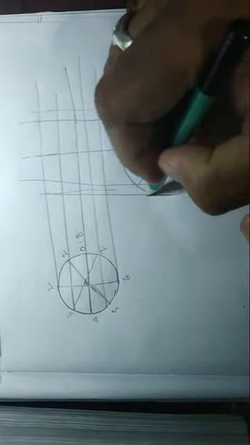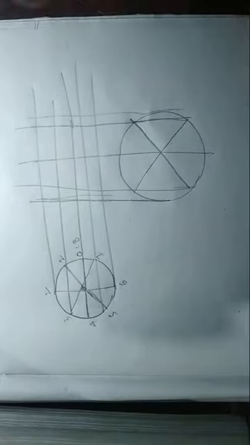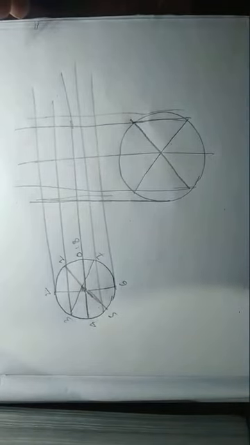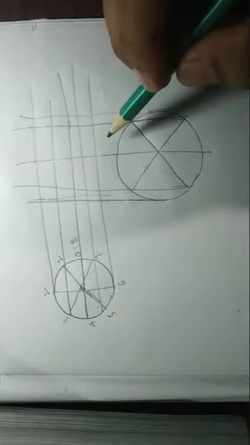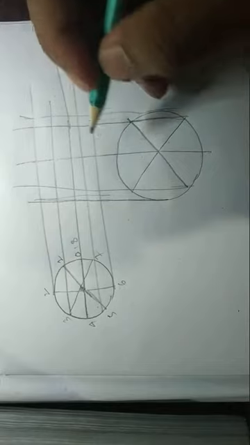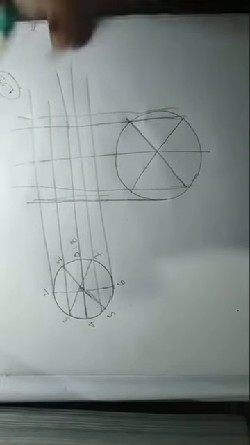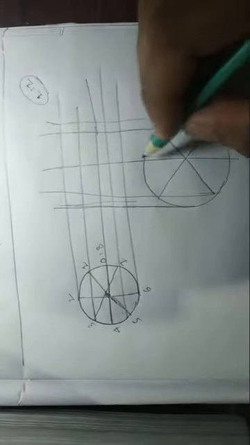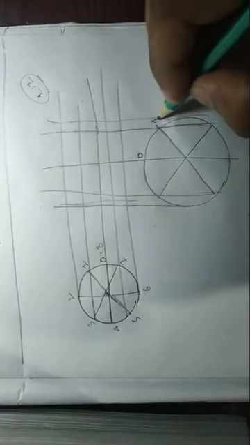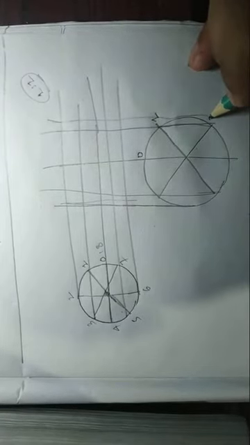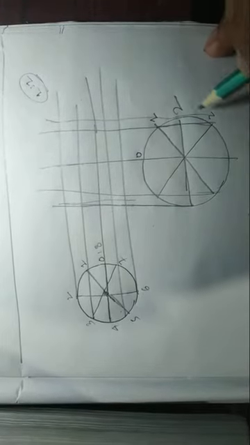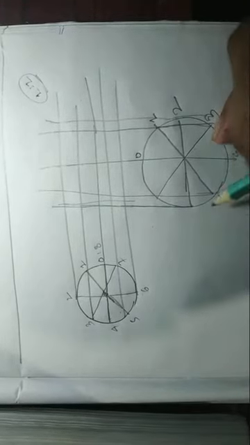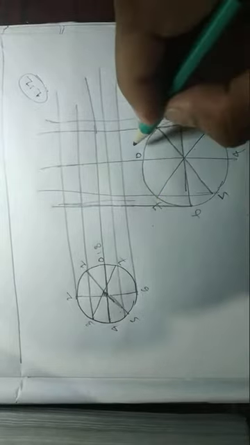Do it with a scale and pencil and set it perfectly. Okay, you must remember that for a 1:1 ratio, the 0 is started from here, 1, then 2, sorry, this is 2, 3, 4, 5, 6, 7 and 8.